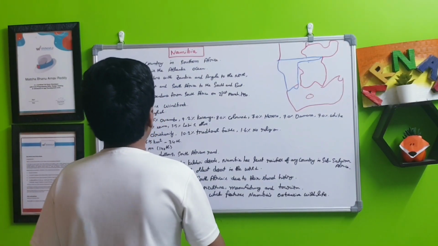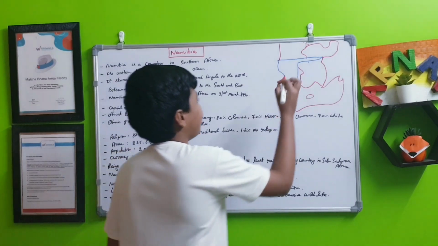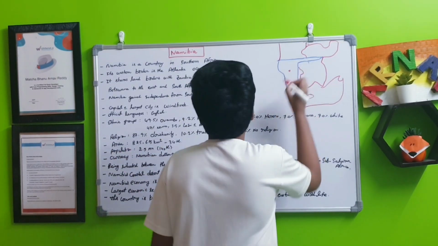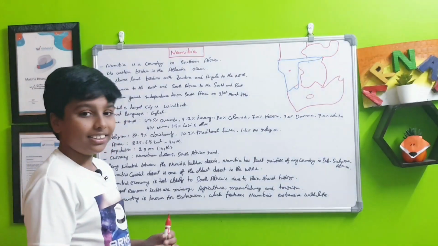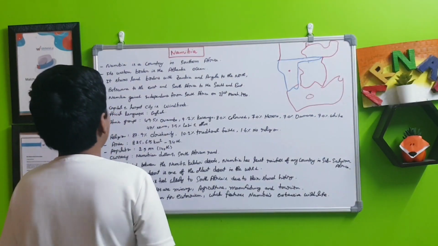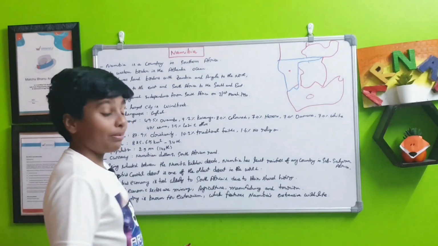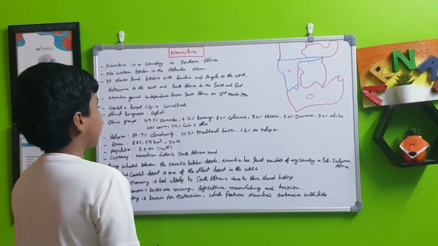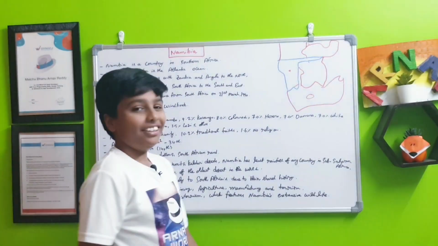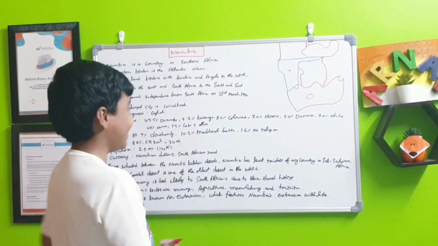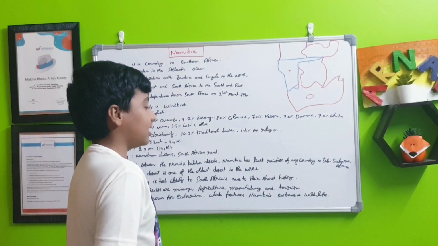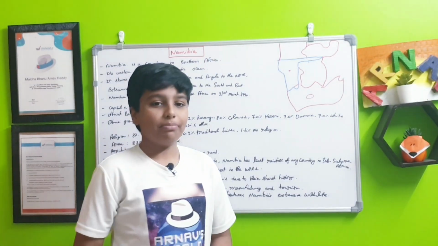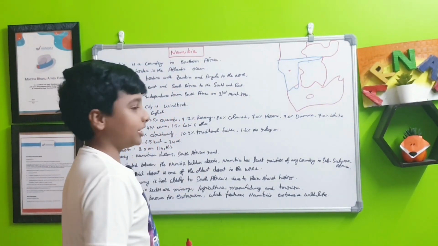The capital and largest city is Windhoek, which is in the center region here. Next, the official language is English. The ethnic groups are 49.5% Ovambo, 9.2% Kavango, 8% colored, 7% Herero, 7% Damara, and 7% white.